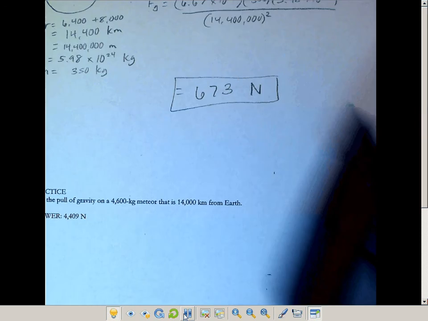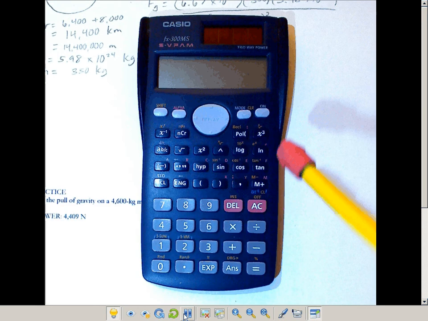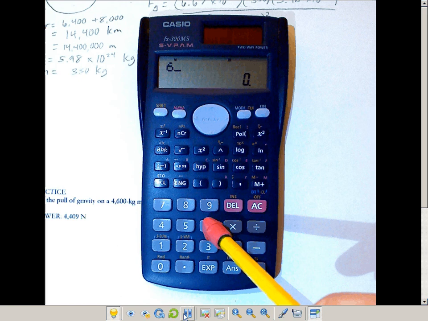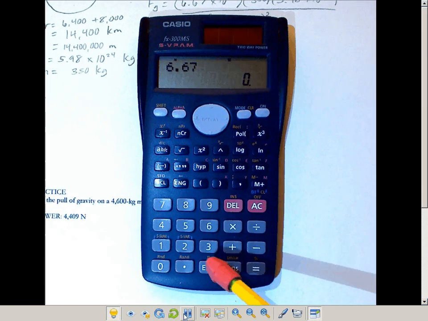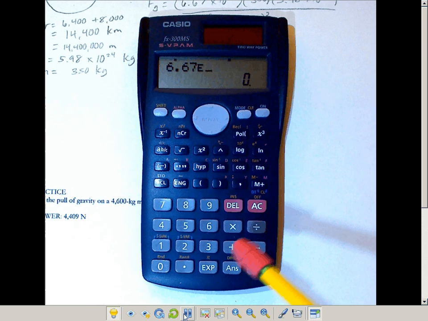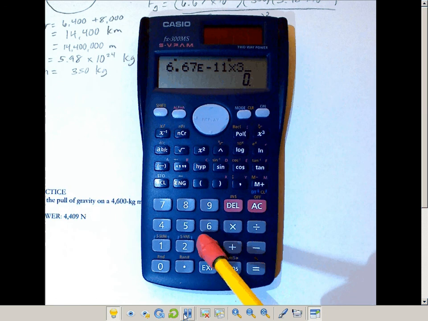Now I'm going to do it on the Casio. This is probably one I'm least familiar with, so we'll see what happens. I'm turning it on, 6.67. I'm looking for my double E. It's an EXP button, times 10 to the, and there's my negative 11, times 350.